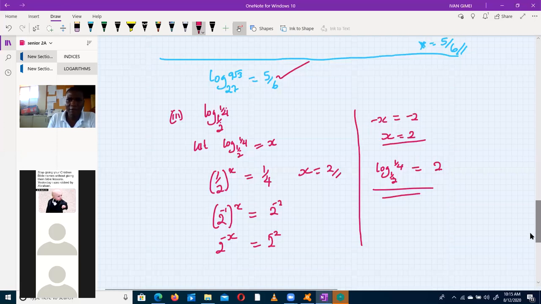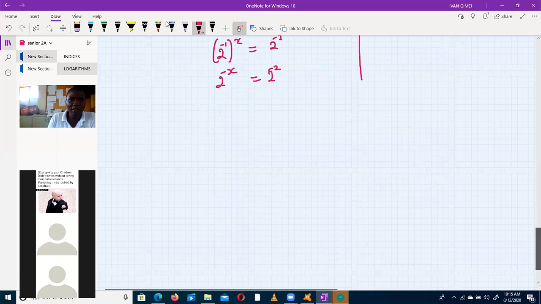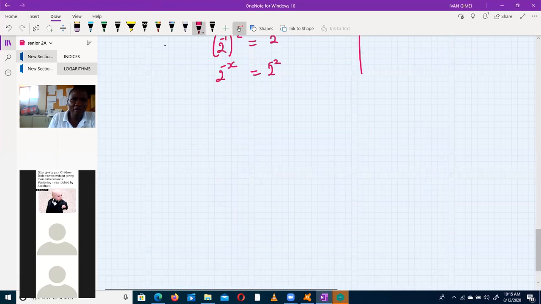Just like indices, logarithms, there are also laws of logarithms. So, laws of logarithms.